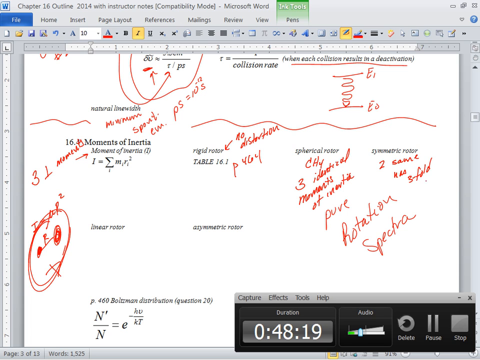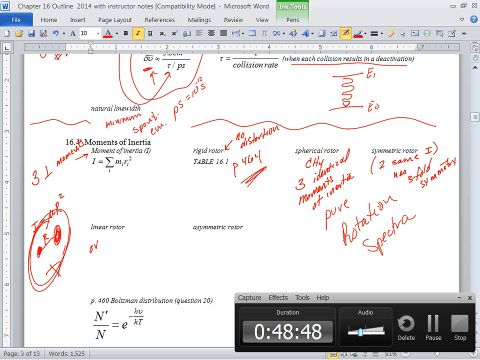I think I'm big on this symmetry stuff because we just came off of chapter 15. So it has a 3-fold symmetry. That won't even mean anything to you if you haven't had inorganic. Two of the same moments of inertia. And I think we should probably take a look at page 464, but we're running out of time. I don't think it really matters though.